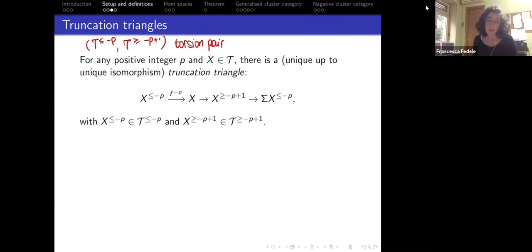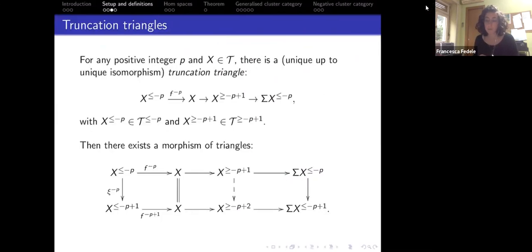We get these truncation triangles, but we also get morphisms between them, between one and, in a way, the next one. So the two rows are two truncation triangles with respect to two different t-structures.